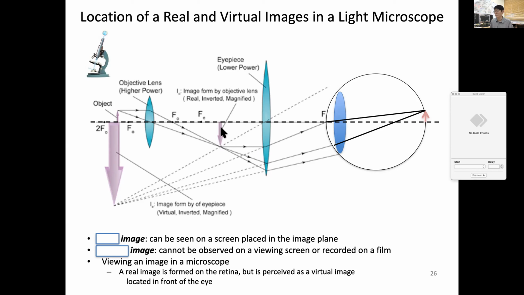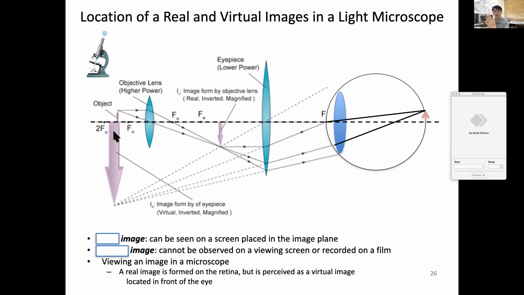However, we perceive this one as if there exists an object somewhere there. But what if we put a film over here? What can happen? In fact, these lines are dotted lines, which don't exist. The ray only exists after this eyepiece lens. This ray exists, but the other part doesn't exist. We just perceive it.